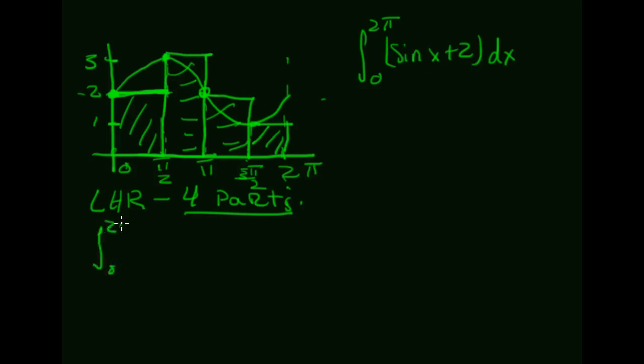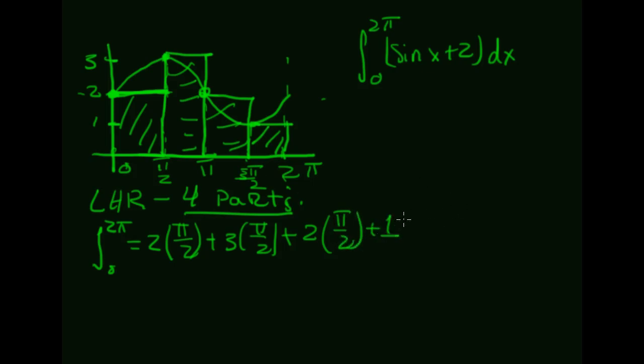If I go from 0 to 2 pi, the height of my first rectangle is 2, and its width is pi over 2. The height of the second rectangle is 3. Its width is also pi over 2. The height of this one is 2, times pi over 2. And the height of the last rectangle is 1. This should be f of x dx.